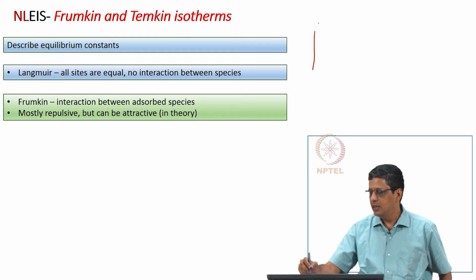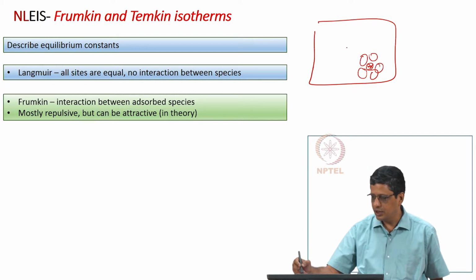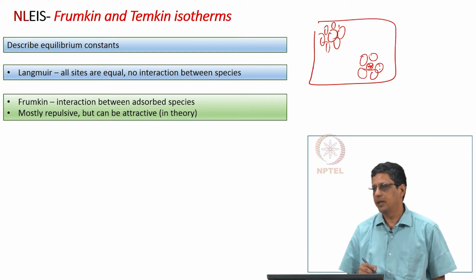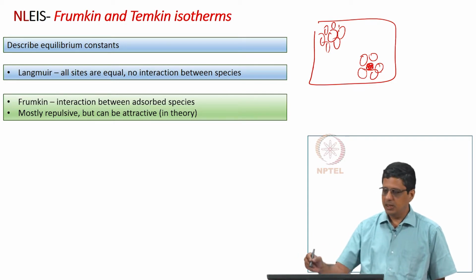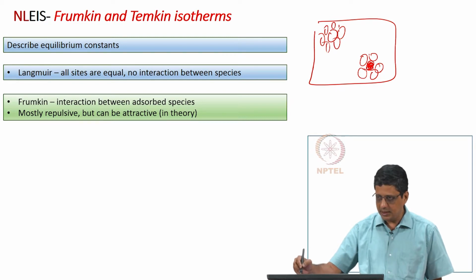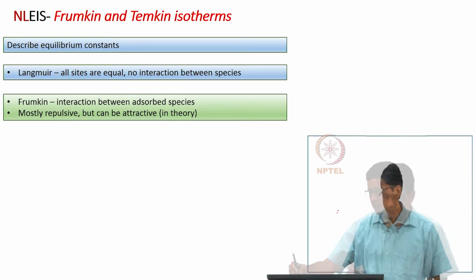If you already have a species here, then the chance of adsorption happening right next to it is lower than in other sites, because of the repulsion. In theory, you can also say that the presence of a species increases the probability of adsorption happening right next to it, because of attractive interactions.